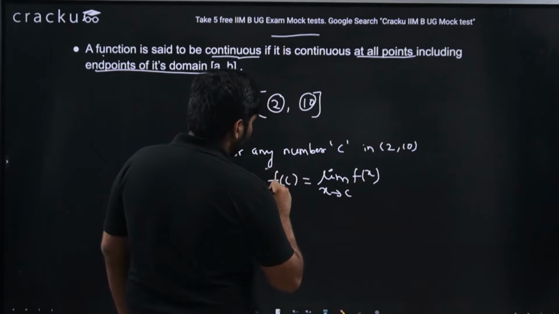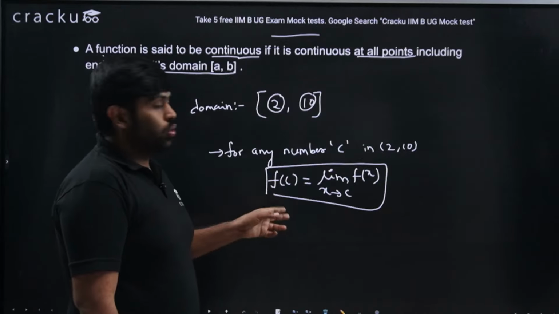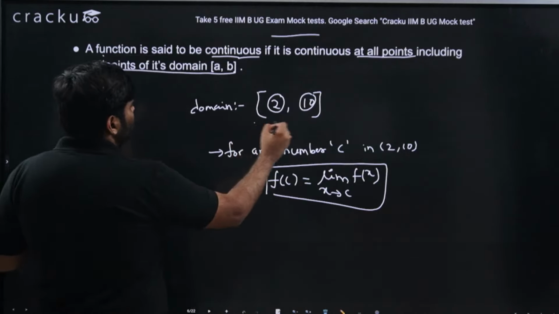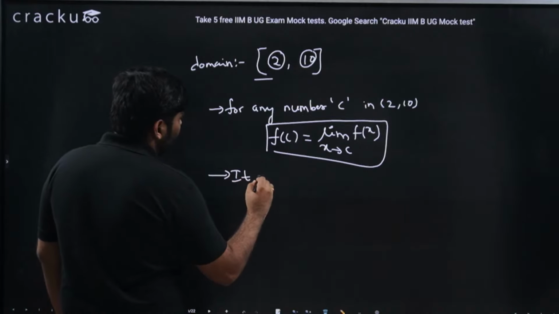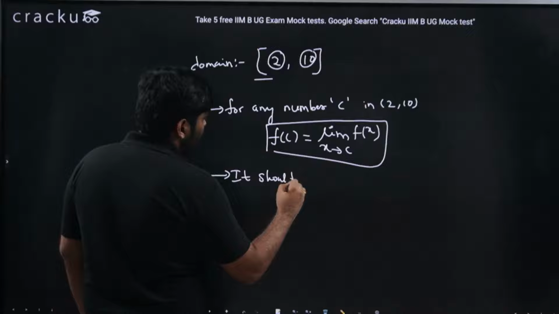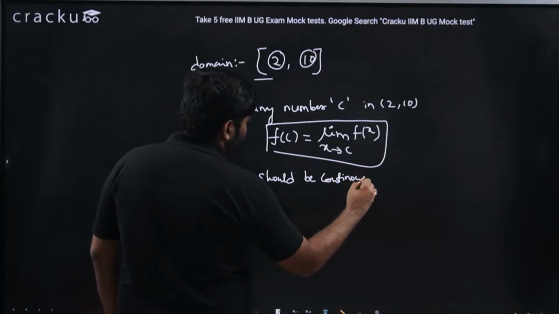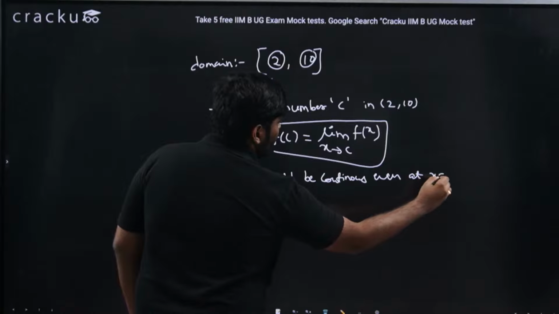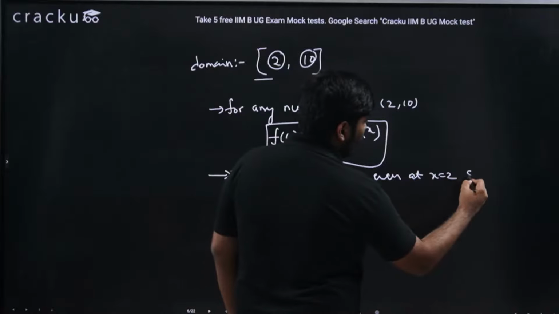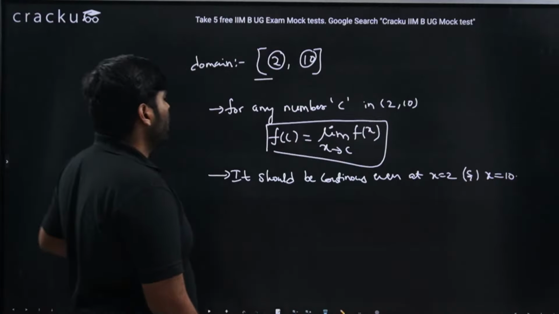If this happens, then firstly it is continuous in the open interval 2 to 10, but the domain is closed 2 to 10, so we should be checking the continuity even at x equal to 2 and x equal to 10.